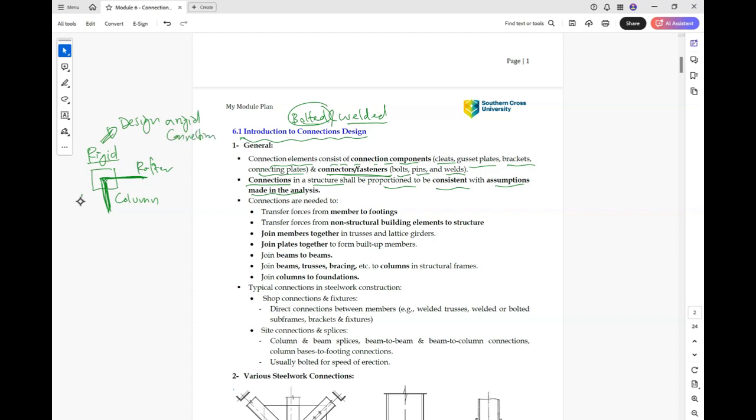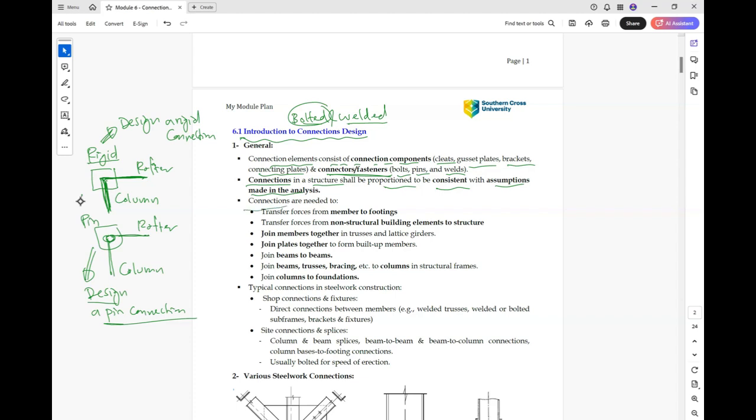Another option, if you consider the connection between the rafter and column as a pin joint, you need to design a pin connection here. So based on your assumption, the final design of the connection depends on that.